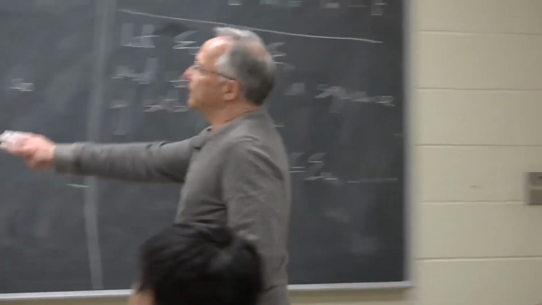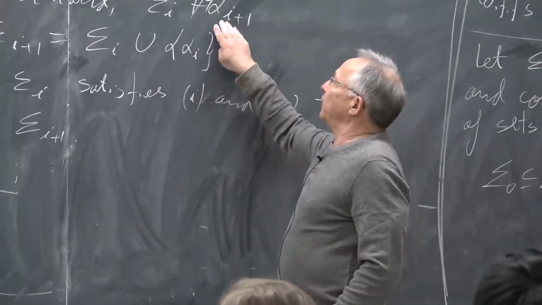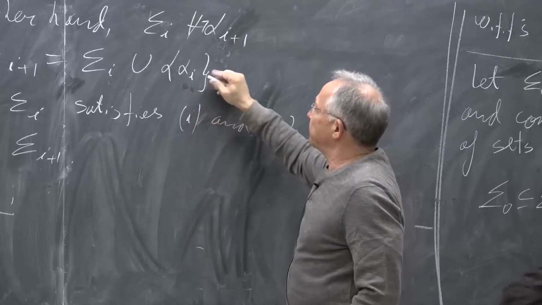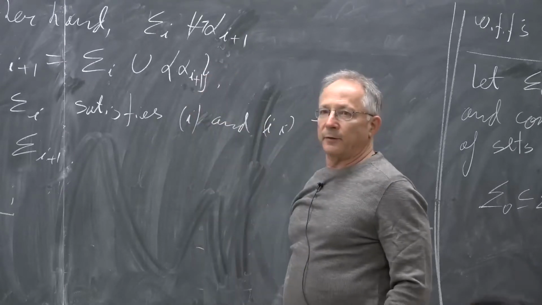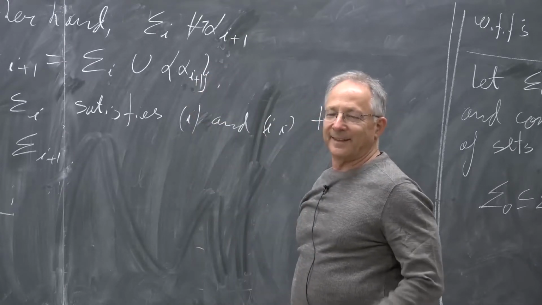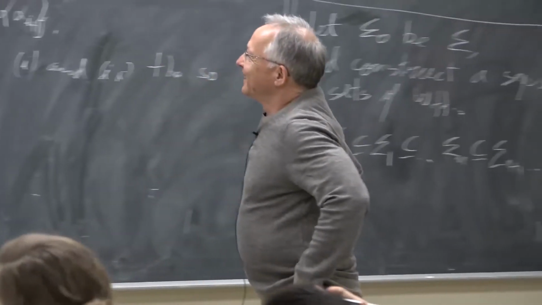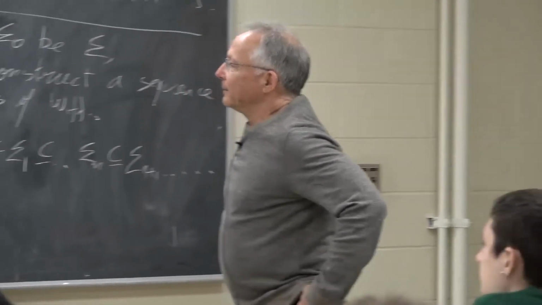Sigma I was consistent, and it didn't prove not alpha I plus 1, so I added alpha I plus 1. Sorry, yeah, otherwise you're right. I added alpha I plus 1.